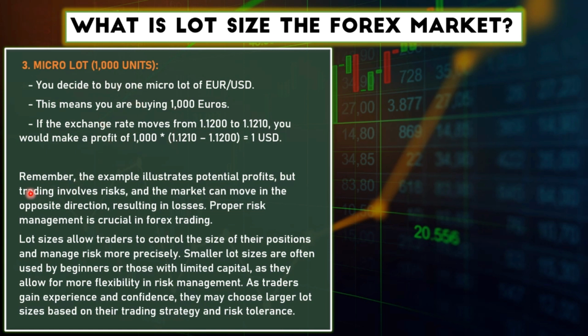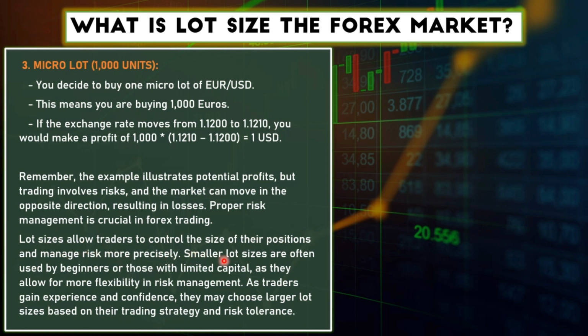Remember the example illustrated potential profit, but trading involves risk, and the market can move in the opposite direction, resulting in losses. Proper risk management is crucial in forex trading. Lot sizes allow traders to control the size of their position and manage risk more precisely.